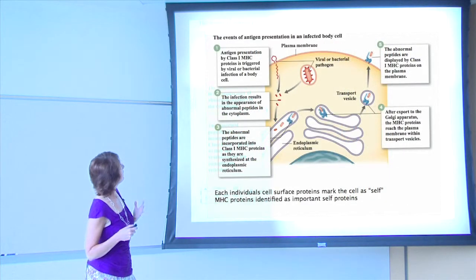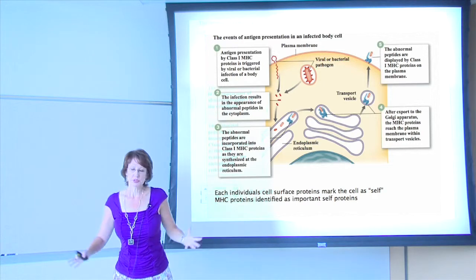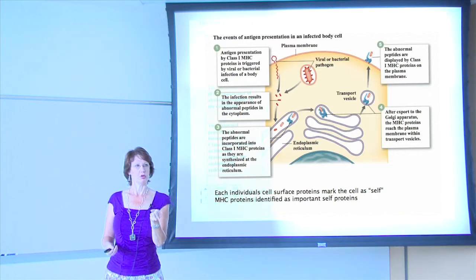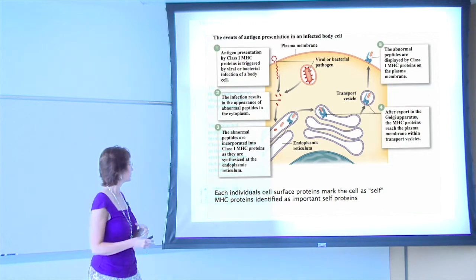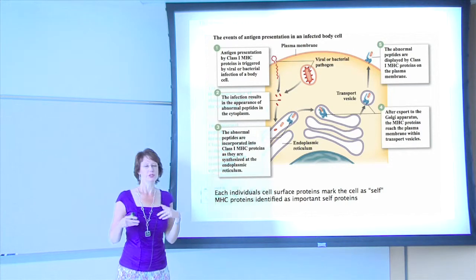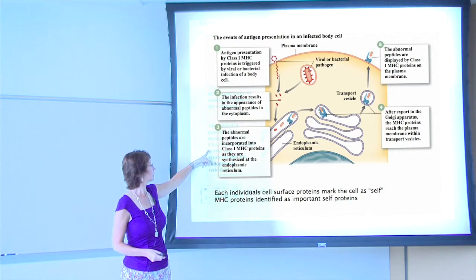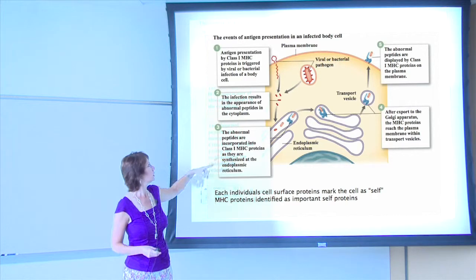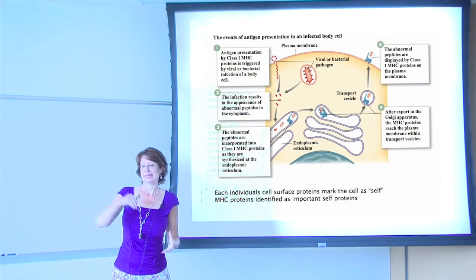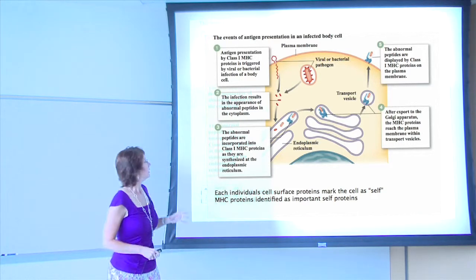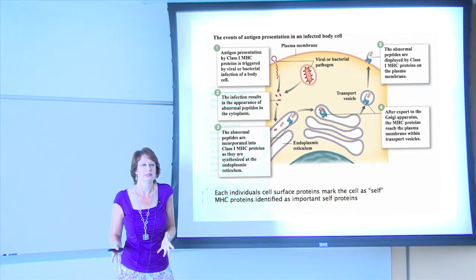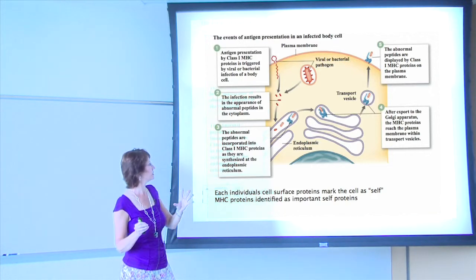In general, what happens is most of the cells in your body have a cell surface protein called an MHC, or major histocompatibility complex. The kind of MHC found on just about all cells are called class 1 MHC proteins. So what happens is something, a virus or a bacteria, gets inside that cell, and it probably will get digested up into little pieces in the cytoplasm of the cell.